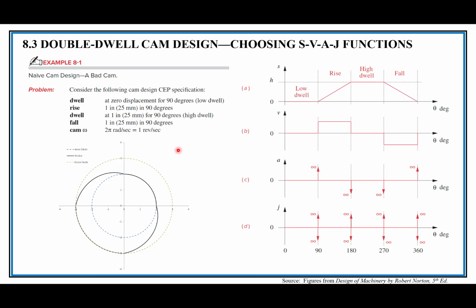So we're calling that a double dwell, right? Because there's a dwell here and a dwell here. And as described, the thing to do in this transition, this rise, was to just draw a straight line. And we saw that created a constant velocity, but then we had these infinite accelerations.